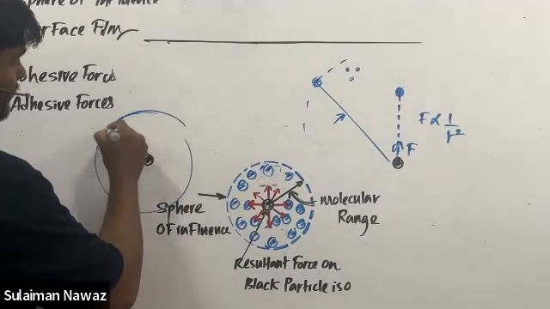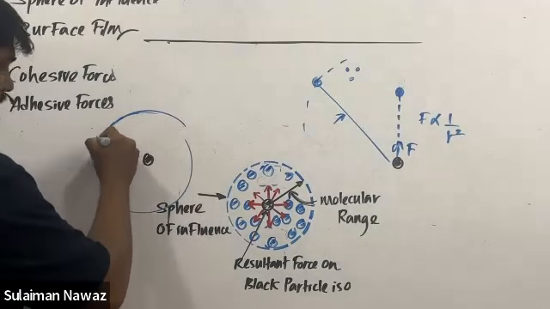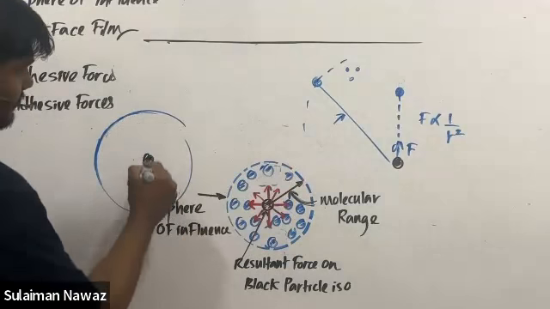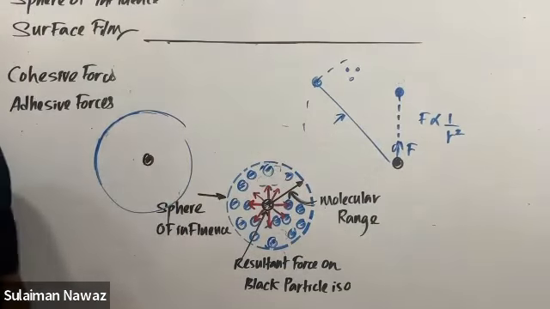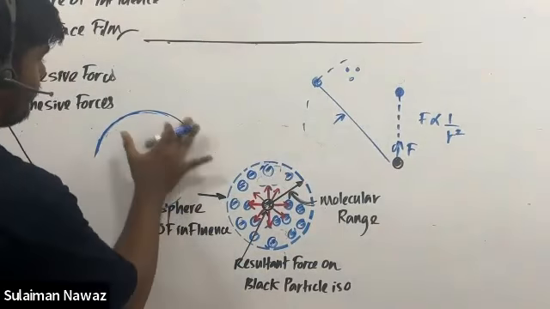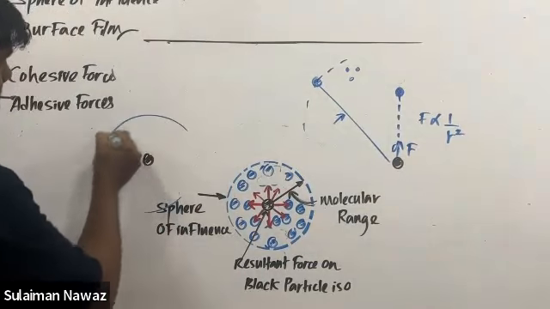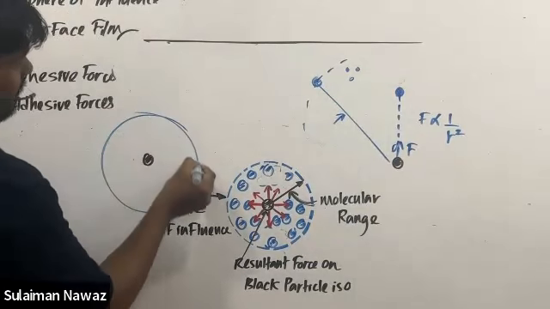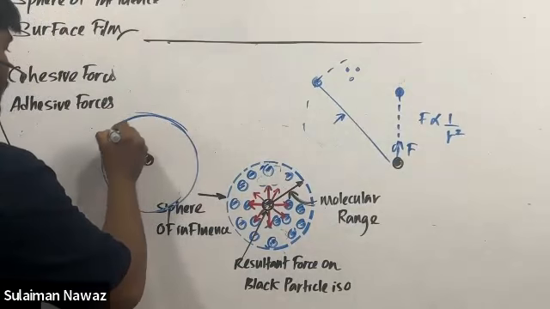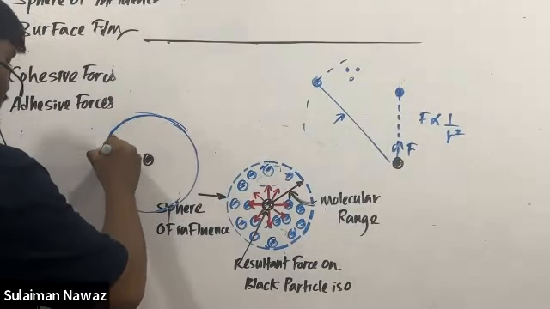If I consider this particle, its sphere of influence will be this way. Same R, same R. It should have the same R, the sphere of influence.